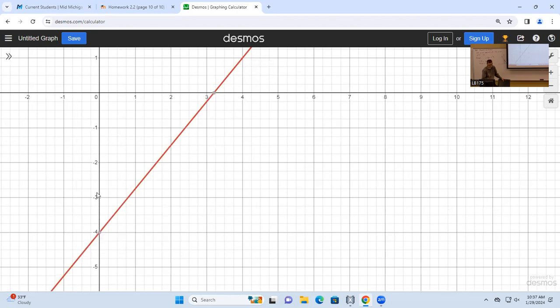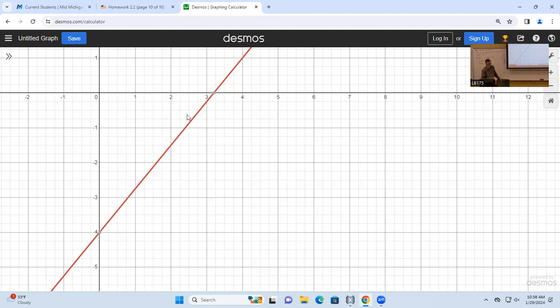So we'd have to go up 1, 2, 3, 4, 5. And to the right, 1, 2, 3, 4. So because of that, it looks like my slope is +5 over +4. And my y-intercept is -4.